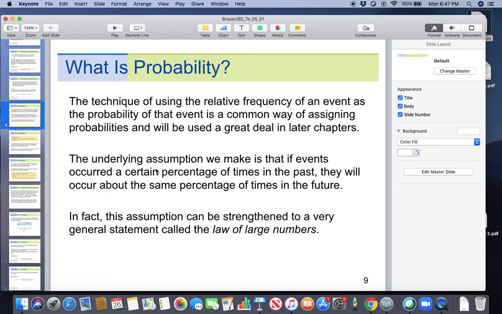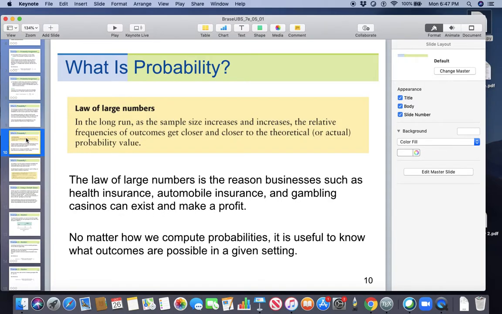All right. The underlying assumption we make is that if events occurred a certain percentage of times in the past, they will occur about the same percentage of times in the future. So there is an underlying assumption here. This assumption can be strengthened to a very general statement called the law of large numbers. What is the law of large numbers?